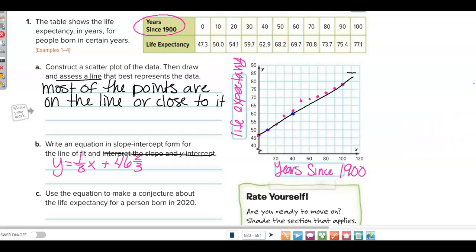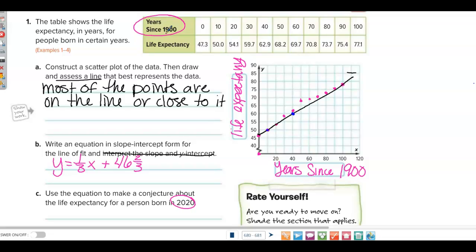Okay. So, I need to figure out year 2020. So, year 0 was 1900, which means 100 years after 1900 would be 2000, and then 20 years after that would be 2020.